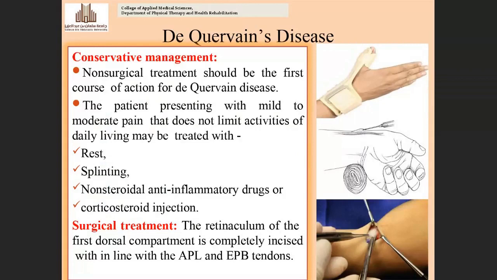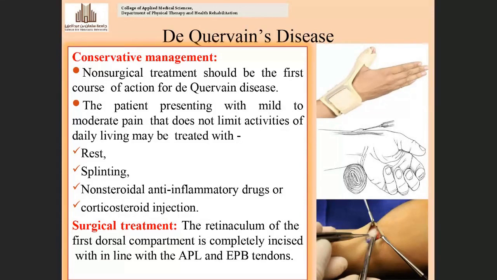When you come to the non-surgical treatment for de Quervain's disease, it should be the first course of action. Generally, a patient presenting with mild to moderate pain that does not limit activities of daily living may be treated with rest. This is a very important step: if you find a person with any type of soft tissue injury, we start with rest.